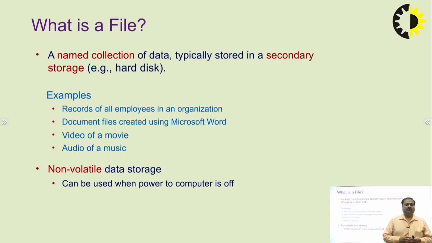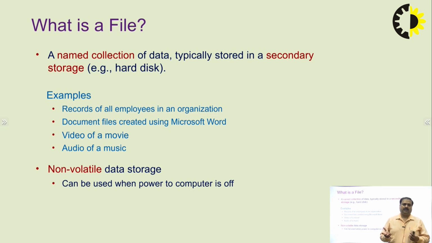Or if we want to collect the information of employees, that file contains similar records related to employees. If we want to store notes, like audio notes, that becomes an audio file containing music or some recorded audio.